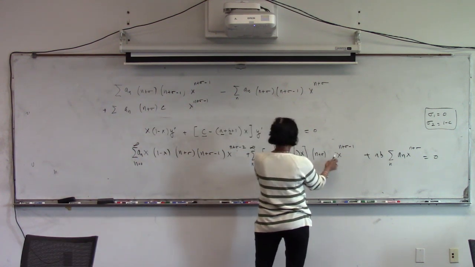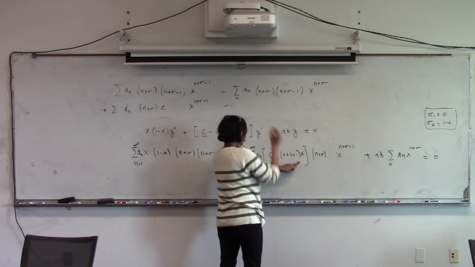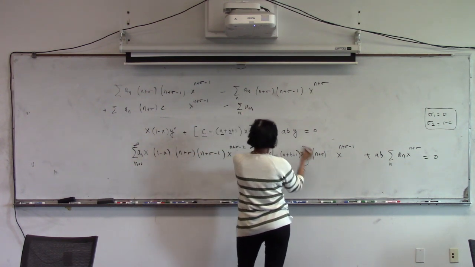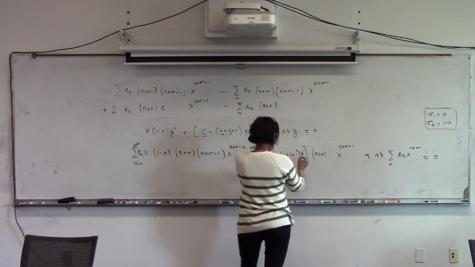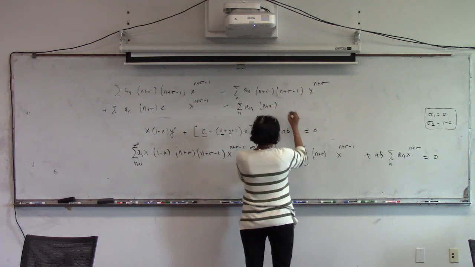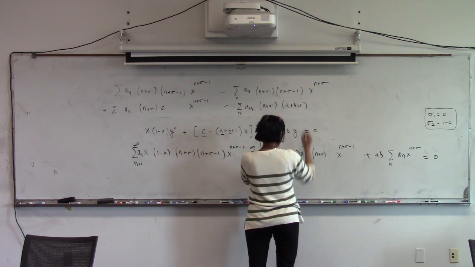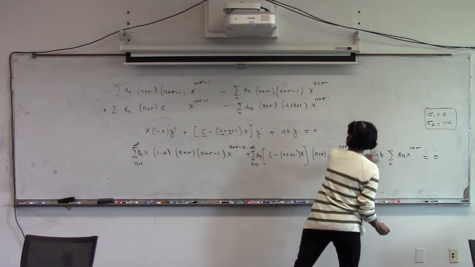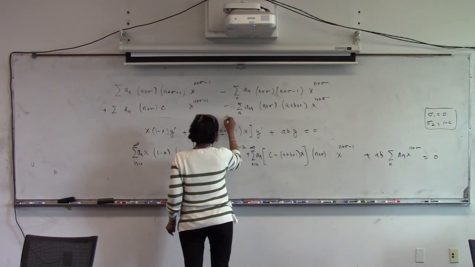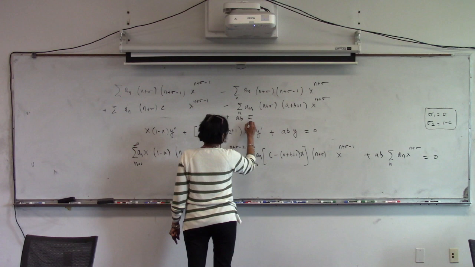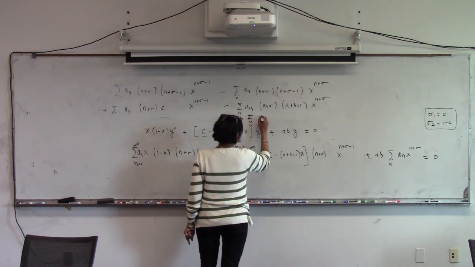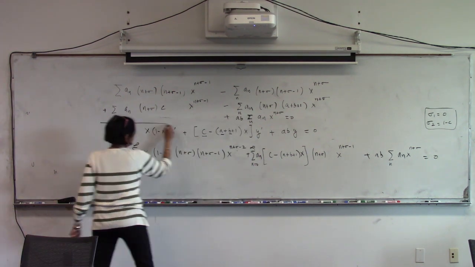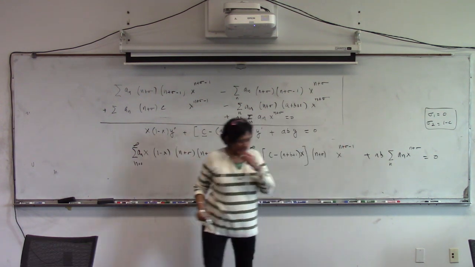And then this one can go with this one, so I have a negative summation n a sub n, n plus sigma, a plus b plus 1, that's x to the power of n plus sigma, and then I have one more term which is plus ab summation a sub n x to the power of n plus sigma equal to 0. Is this okay? You checked it?